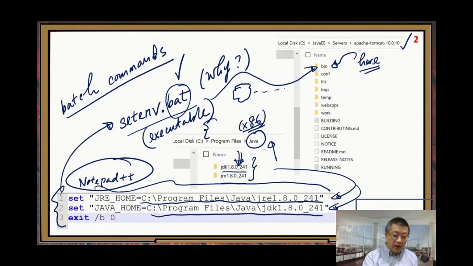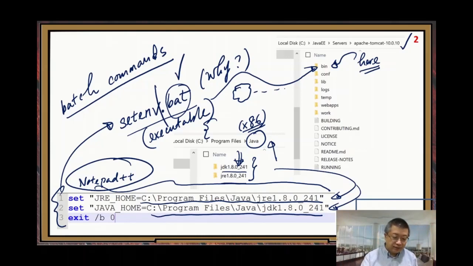So when you type, just type setenv. You do not need to type .bat. Although you can type .bat, even if you do not, this command can be run. This batch file will be executed automatically, command by command inside it.